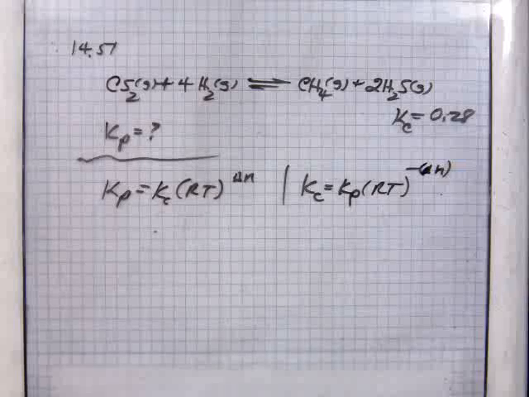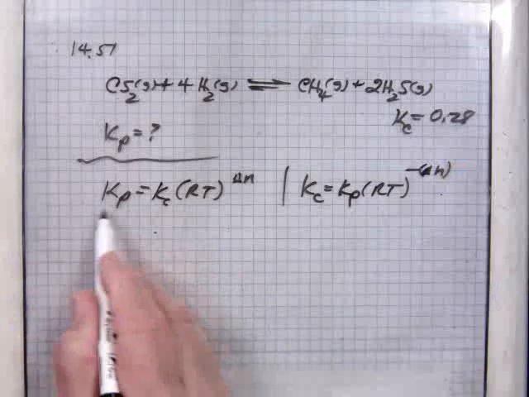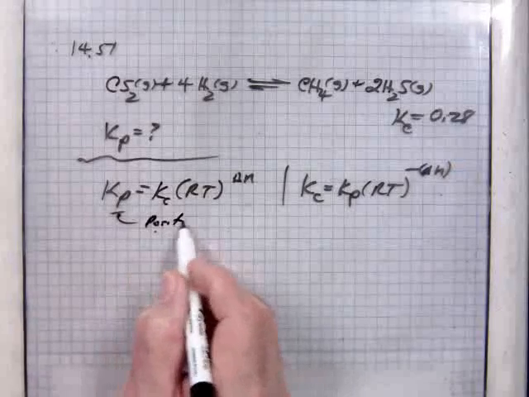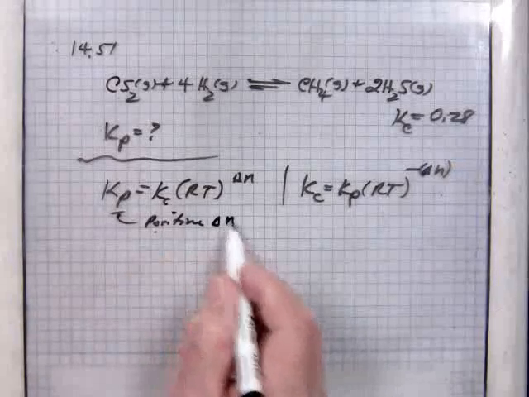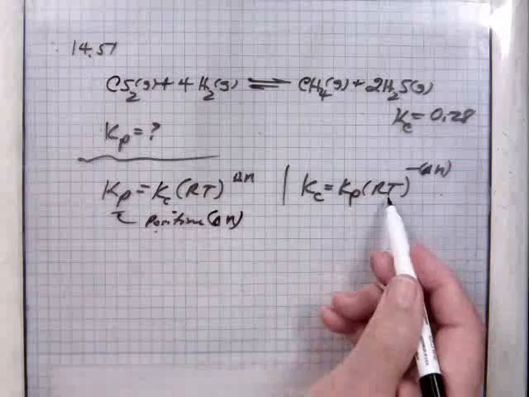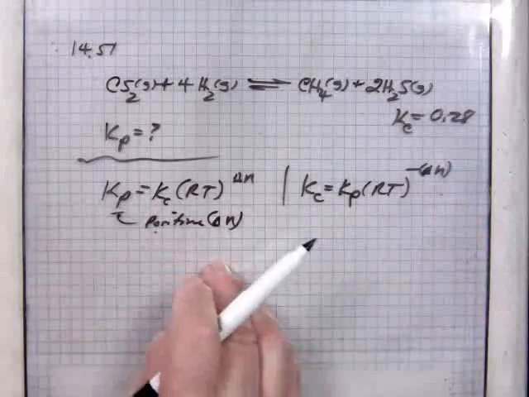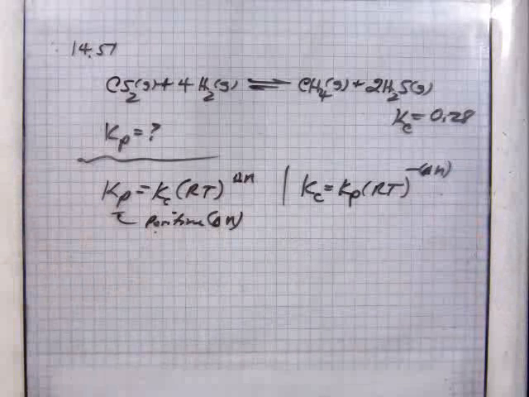So it's just a memory device for me. The P refers to the positive delta N value. And then the other way, it looks the same except you put a negative on the delta N value. So that's just a little hint in this type of problem.